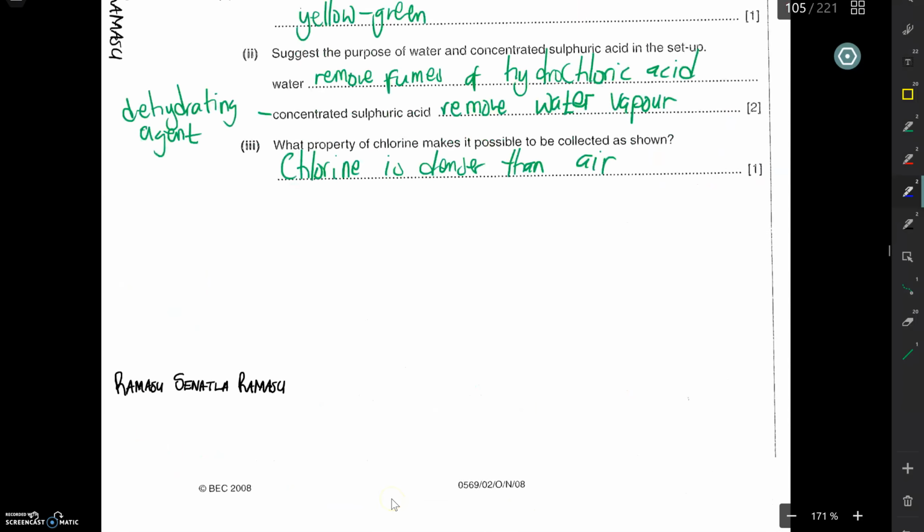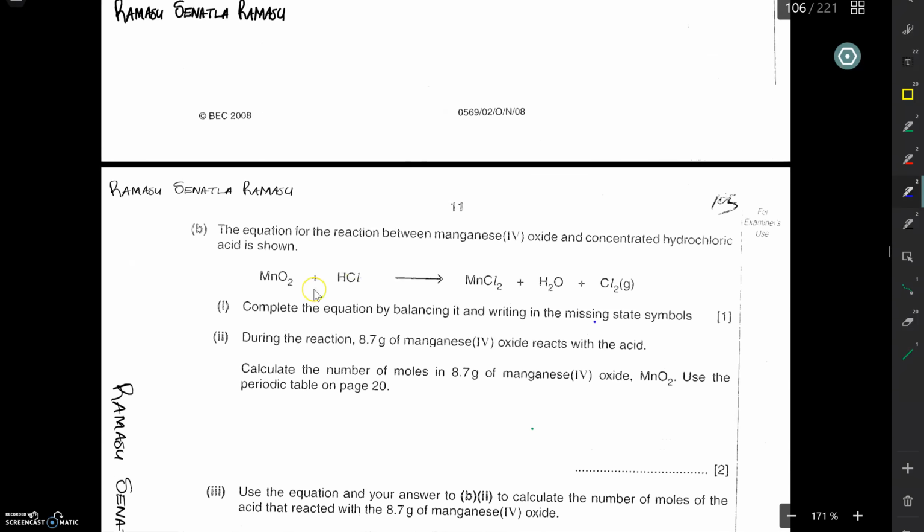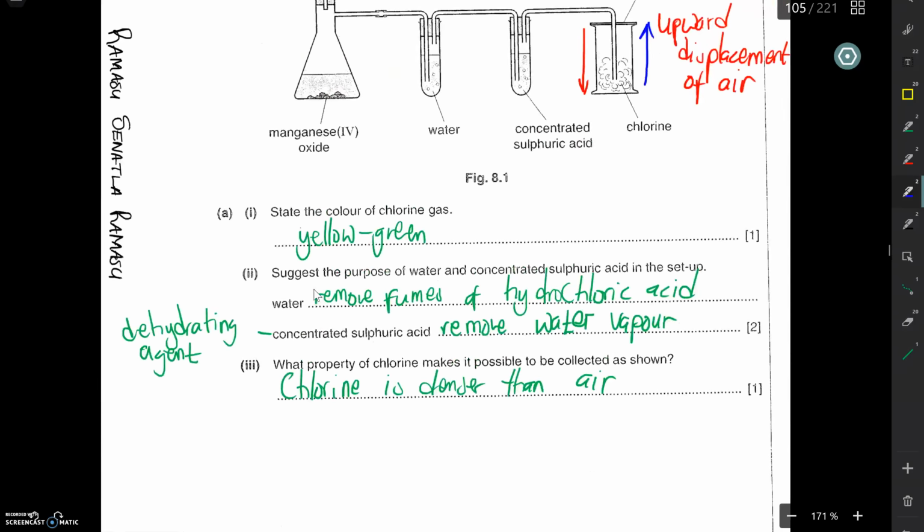So part B says the equation for the reaction between manganese 4 oxide and concentrated hydrochloric acid is shown. Complete the equation by balancing it and writing the missing state symbols. Well, we can see from the diagram here that manganese 4 oxide is a solid. So we put S there for solid.